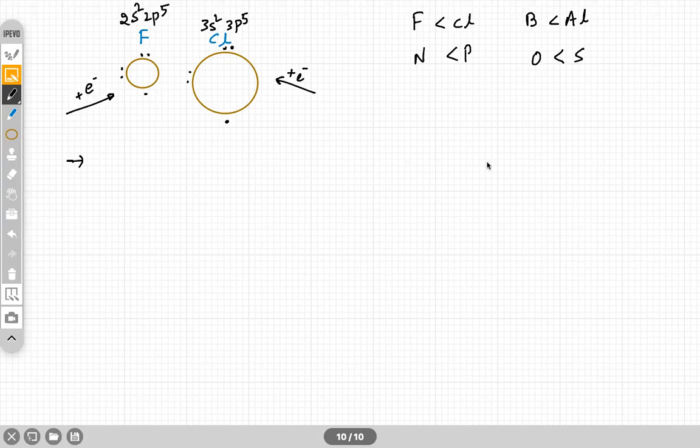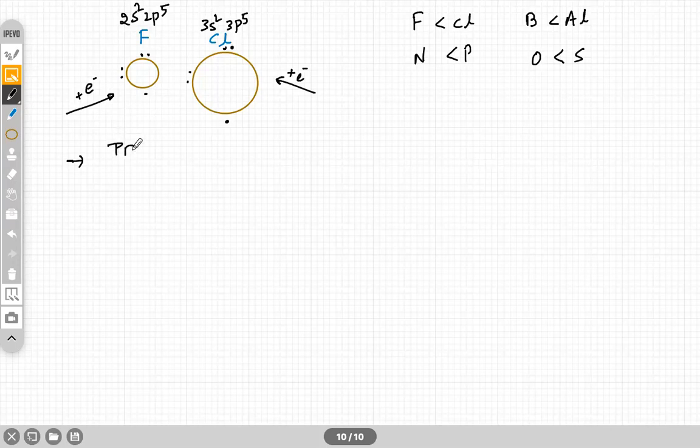We have to provide energy here. Got it? Just a second, Madhav. So what you have to keep in mind is that for noble gas and nitrogen, it is positive.